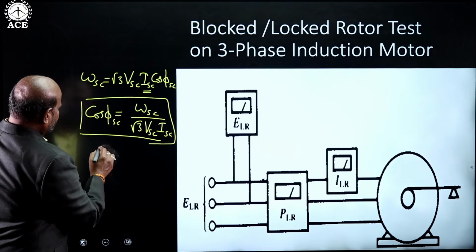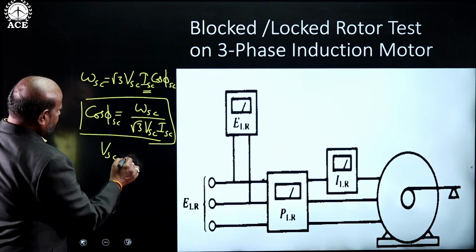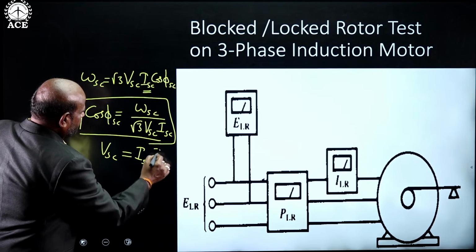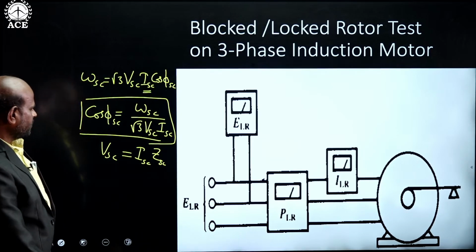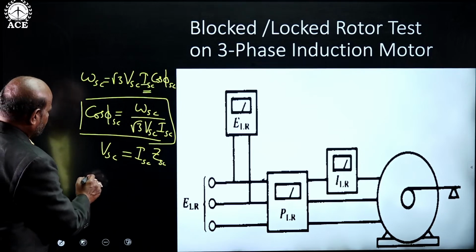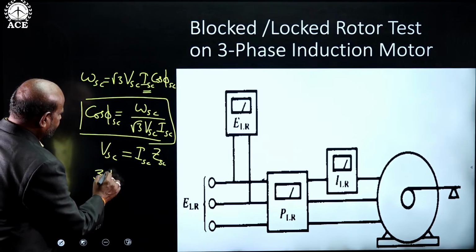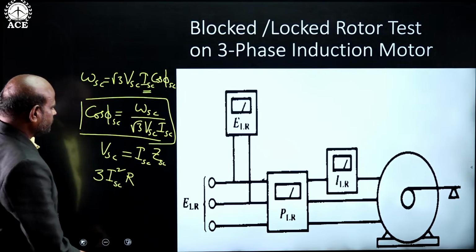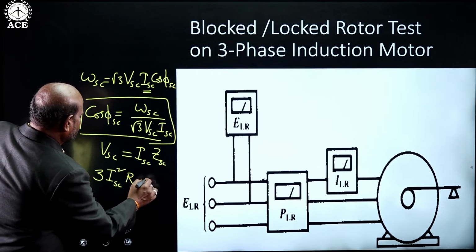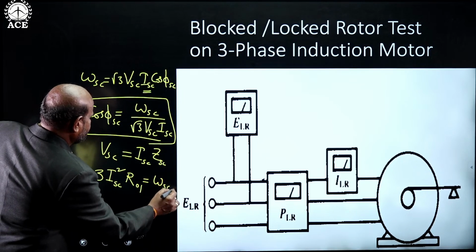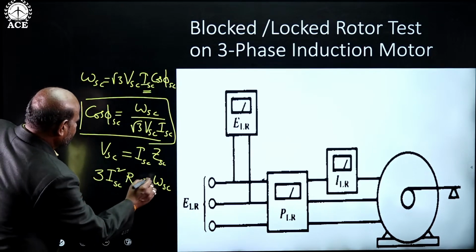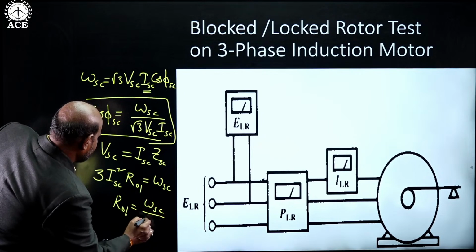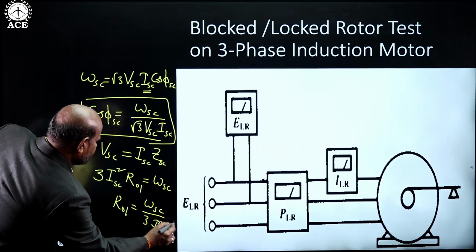So after getting cos phi SC, next we know that VSC and ISC. What is the relationship between VSC and ISC? So VSC equal to ISC into ZS, impedance. So we can also find out the impedance, and also for 3-phase the copper losses will be 3 ISC square R01, which is equal to WSC. So from this we can find out R01, WSC by 3 ISC whole square.